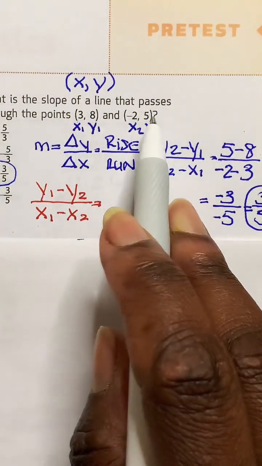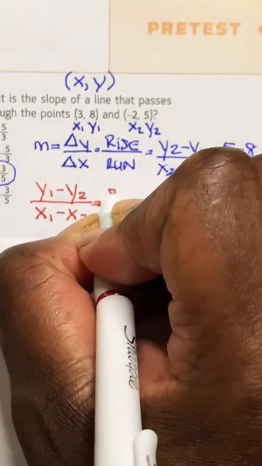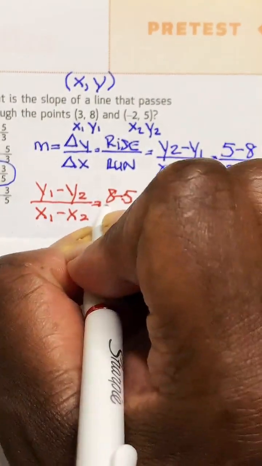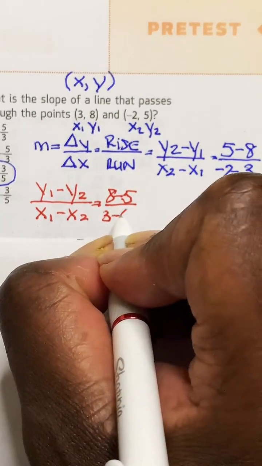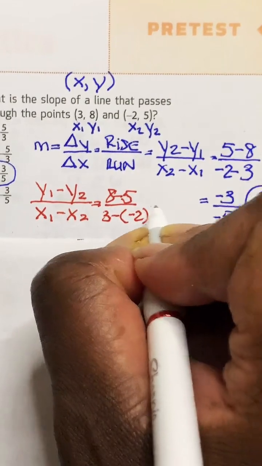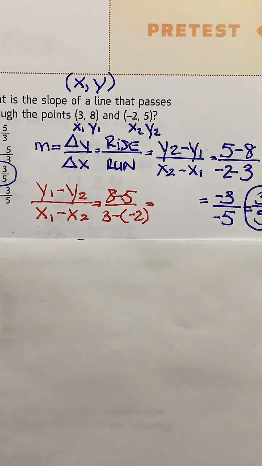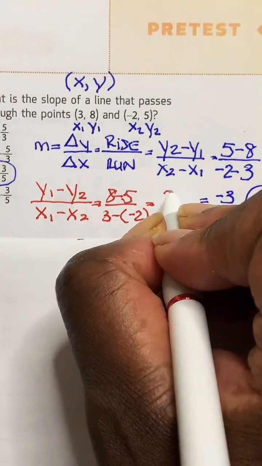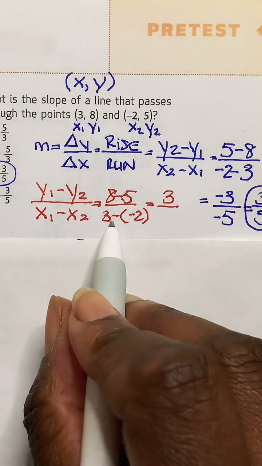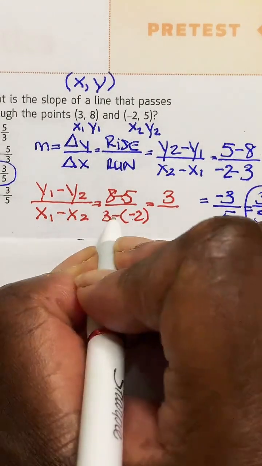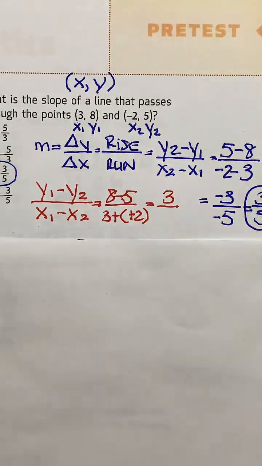So then you just want the difference of your Y's. So that's 8 minus 5 over the difference of your X's, which is 3 minus a negative 2. So 8 minus 5 is a positive 3. And when you minus a negative, that turns positive.